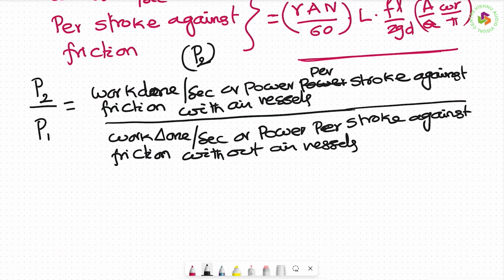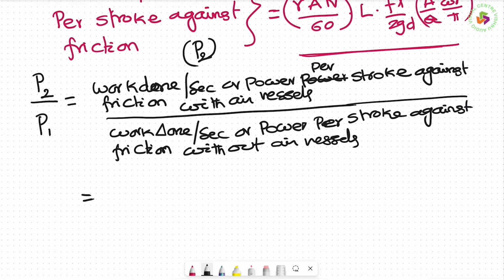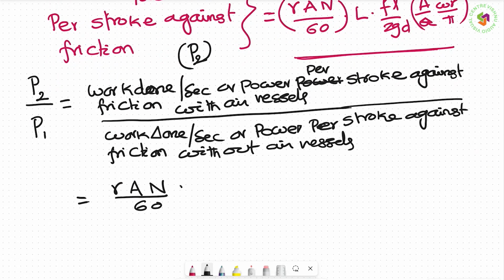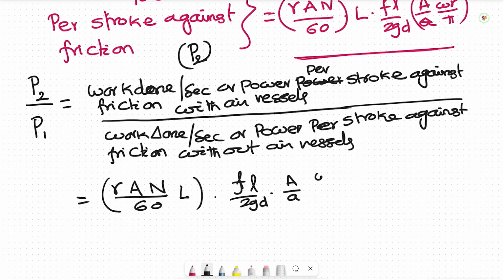So let us write the equations. The first one is gamma A N by 60 into 1 into L, over FL by 2gD into (A by a, omega R by pi) whole square.